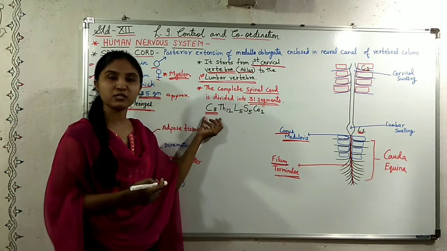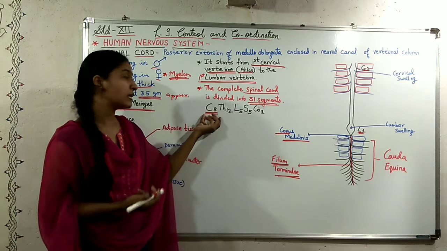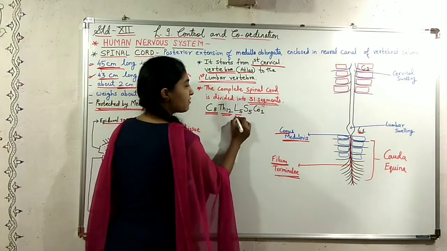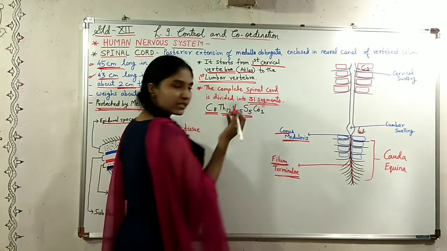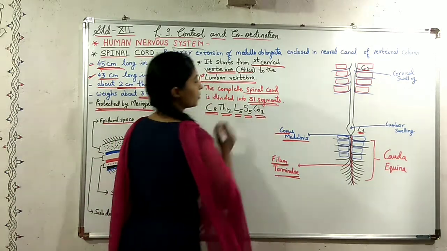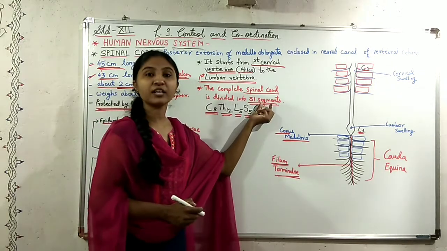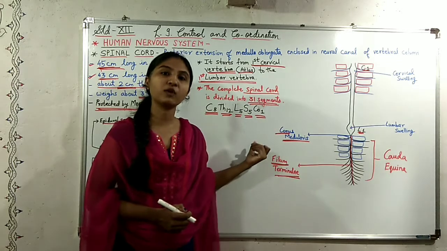So 7 cervical segments and 8 nerves pass through these segments. There are 12 thoracic segments, 5 lumbar segments, 5 sacral segments, and 1 coccygeal segment. So the total is about 31 segments. The spinal cord is divided into 31 segments.